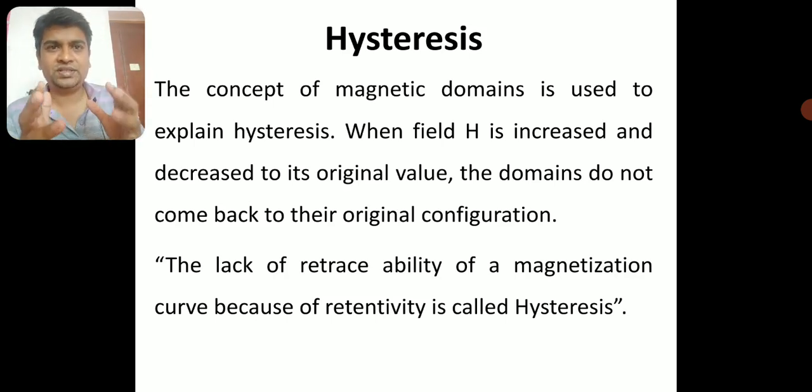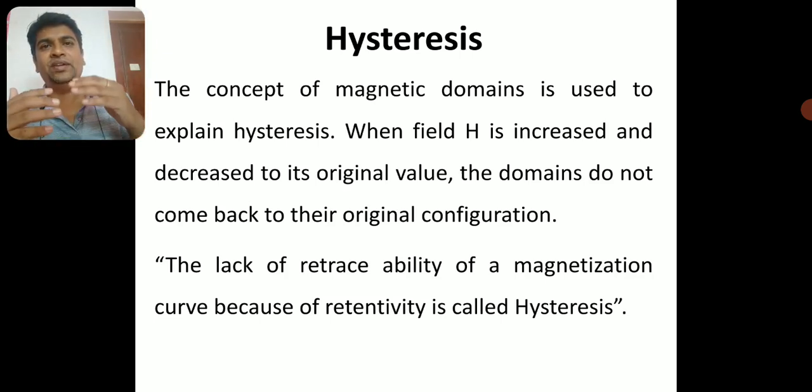What is hysteresis? The lack of retraceability of magnetization. Even if the magnetic field is reduced, the magnetization will not go back to its original configuration, to its original position. There is a lack of retraceability.